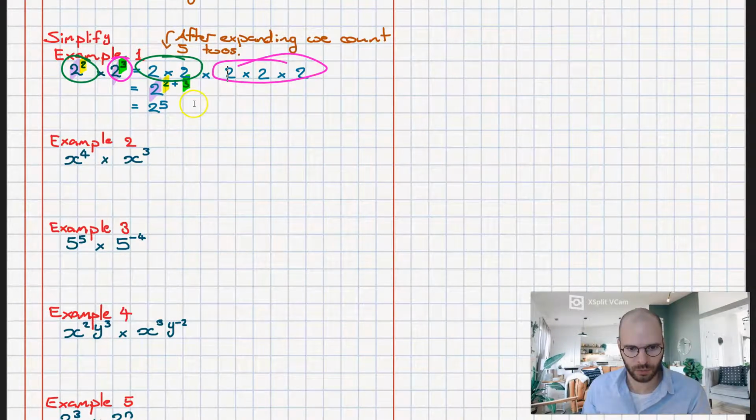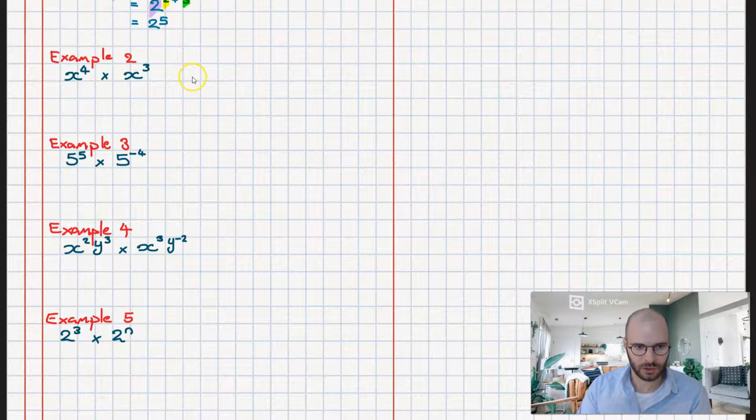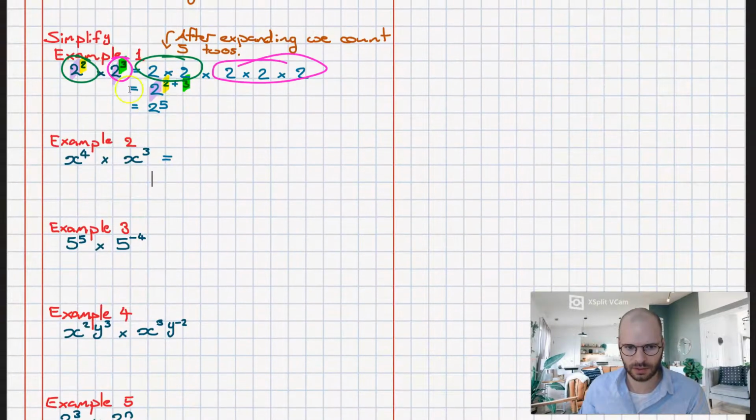So that's example 1. Now example 2, we attempt to apply this rule in an expression containing algebra. Our base in this case is x. So we've got x to the power of 4 multiplied by x to the power of 3. We're going to tackle this example the same way in which we tackled the example up here.